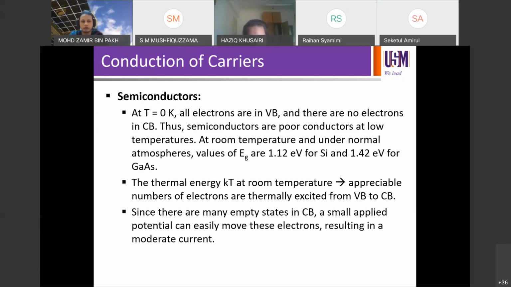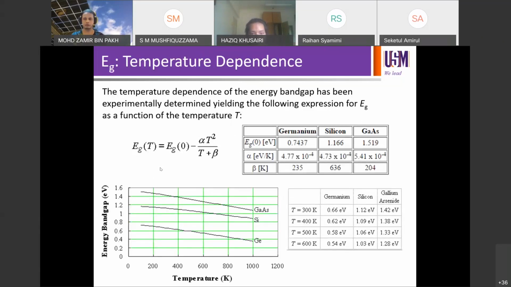So there are many empty states in the conduction band, and with a small applied potential, if you give some bias to the silicon, for example, or some external excitation, you can push more electrons into the conduction band. Therefore, you can modulate the conductivity of your semiconductor in this condition. So that's briefly how it looks.